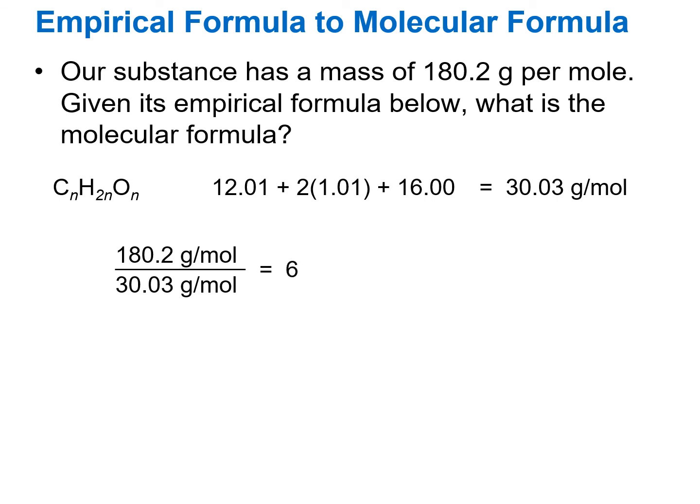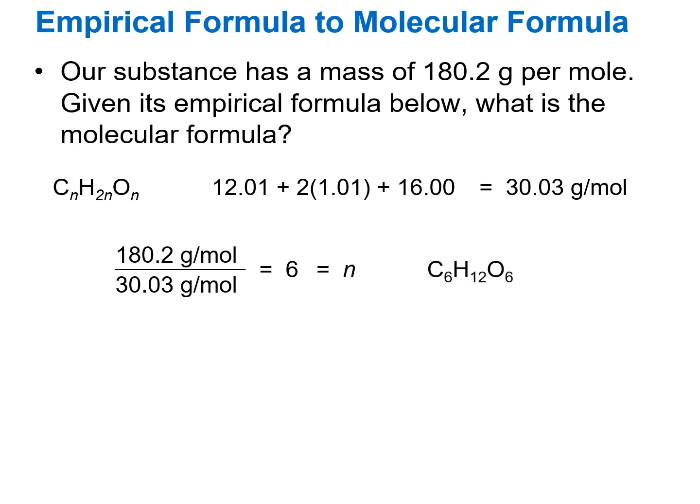So what is that telling us? That's telling us that we have 6 of our empirical formulas going into 6 of whatever the formula is for our substance. So we could take that 6 and say that it's basically our N.